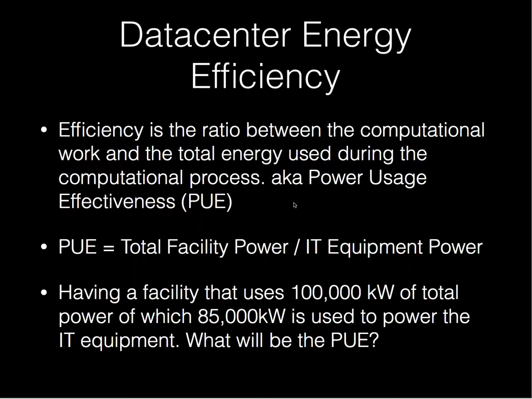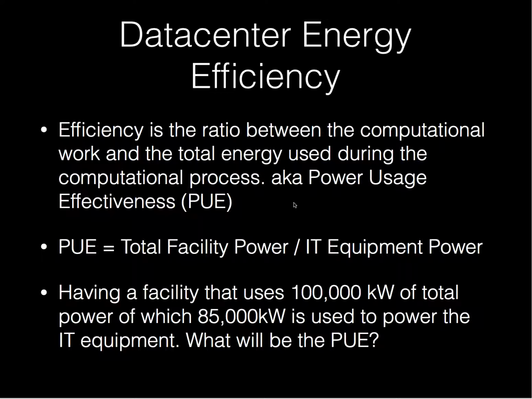So the efficiency is the ratio between the computational work and the total energy used during the computational process. It's called power usage effectiveness, and it's a well-known term. It's called PUE.